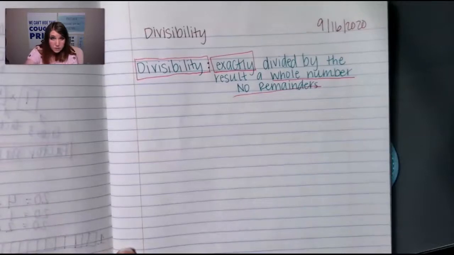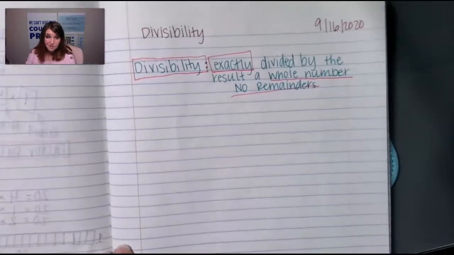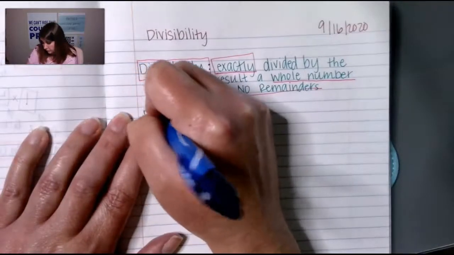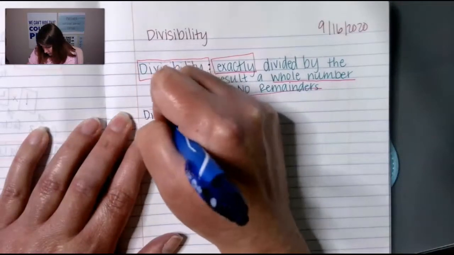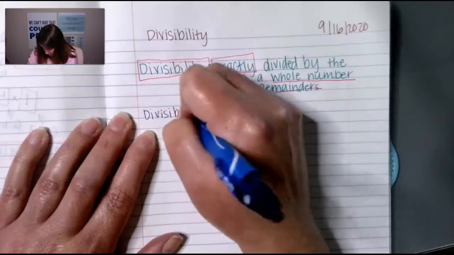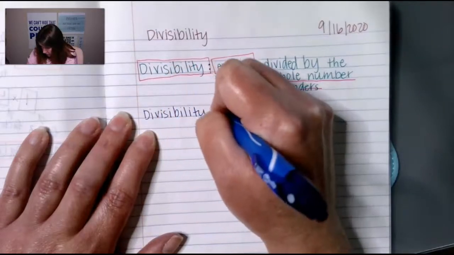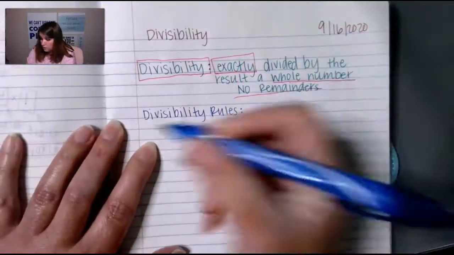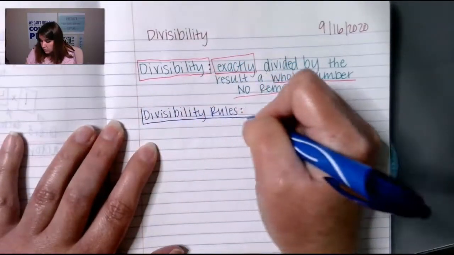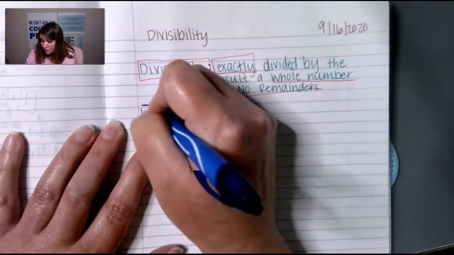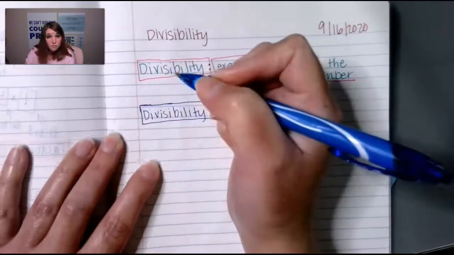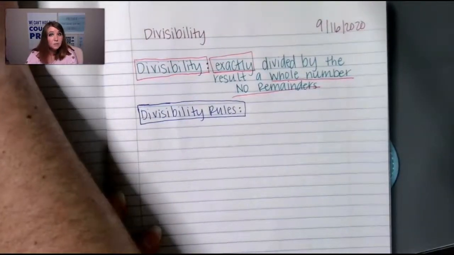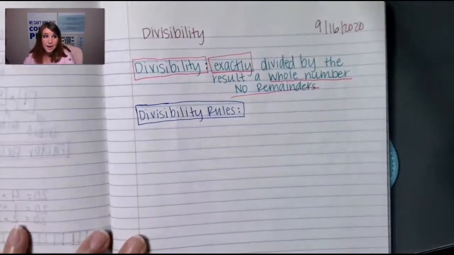So again, divisibility, one goes into the other, and there are rules. When we're talking about these divisibility rules, there are going to be quite a few of them. So let's look and see what divisibility rules we are looking at.